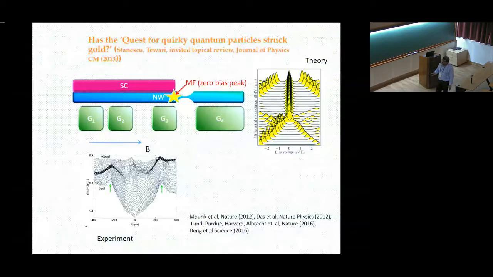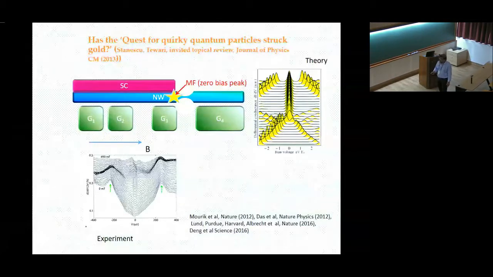As you go on increasing the Zeeman field, the quasi-particle gap in the superconductor collapses. This is now a superconductor because the superconductivity has been proximity induced in the nanowire. That's the critical magnetic field, and above that critical magnetic field, you are supposed to get a zero bias peak, and that's your Majorana zero mode.